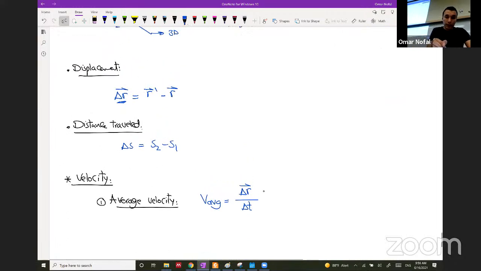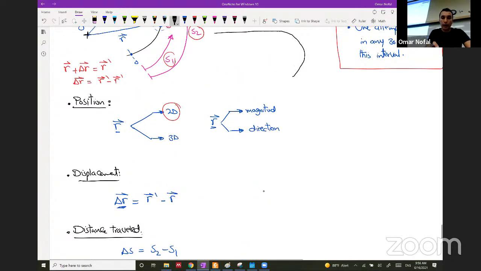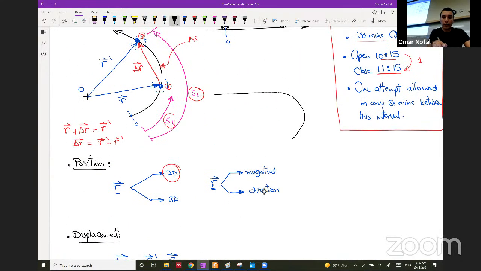Okay, let's get to the second one, which is the instantaneous velocity. For instantaneous velocity, we need to know the velocity of the particle at each position, here or here or here.